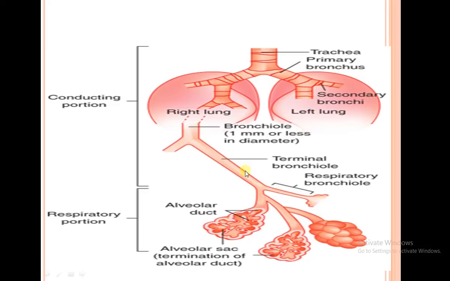So we can also describe it like this: the airways from the terminal bronchioles onward do not contain cartilage.